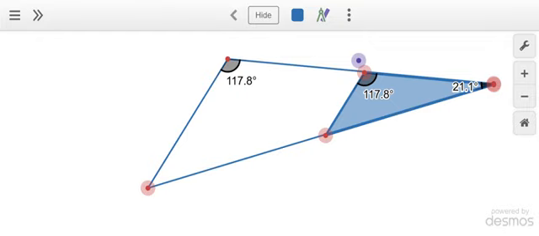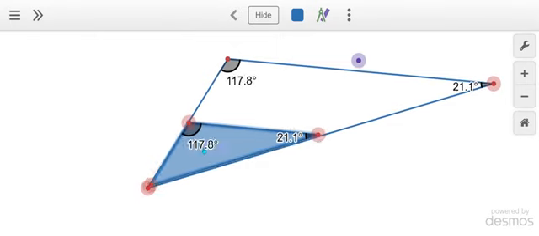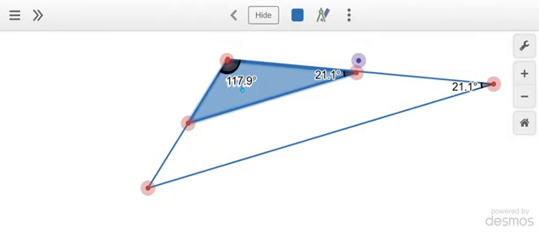How many times longer is the bigger triangle from the smaller one? And how about this third side? So every single side of the bigger triangle is twice as long as every single side of the smaller triangle. Make sense?